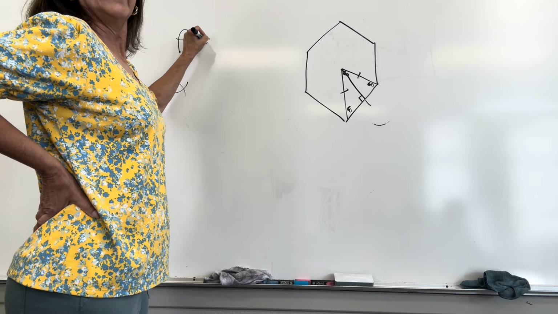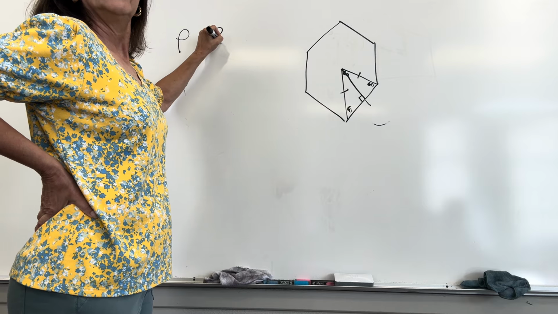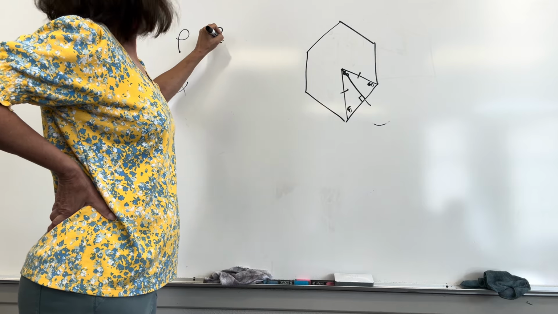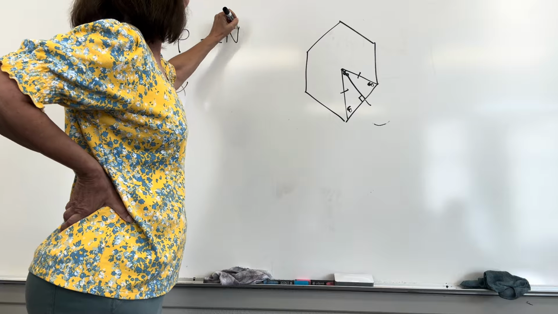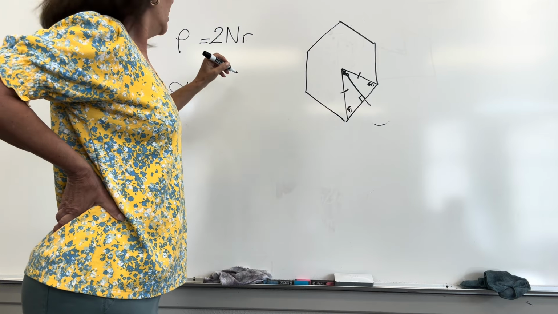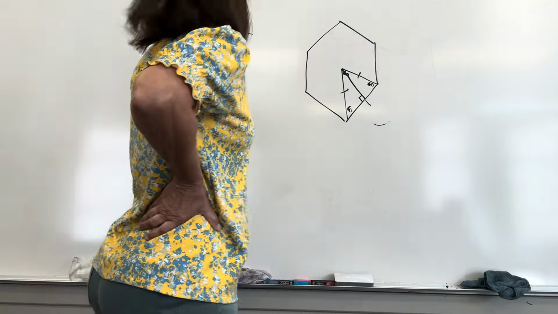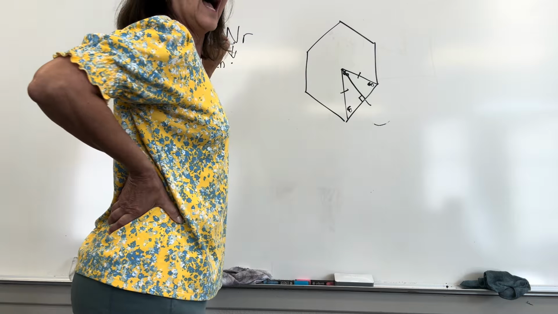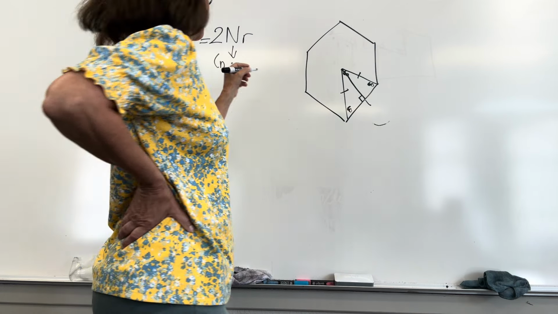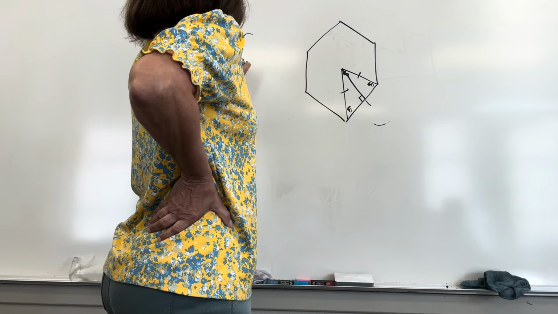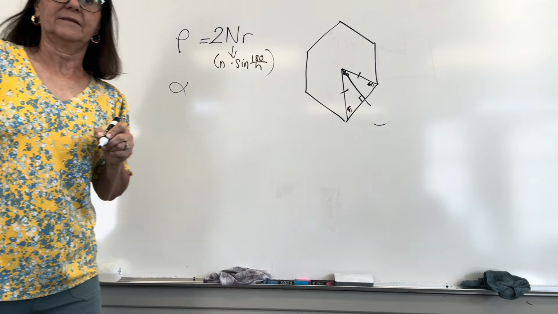The perimeter is 2NR, where N is the number of sides. Number of sides times not 180, but a trig function: the sine of 180 over the number of sides.